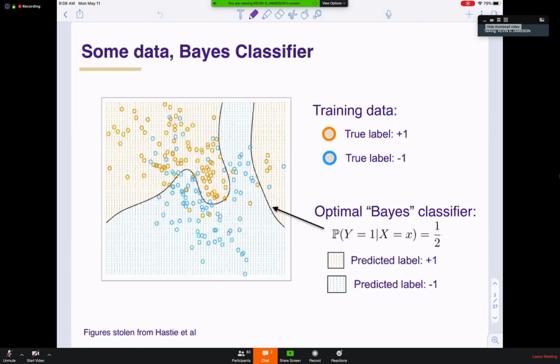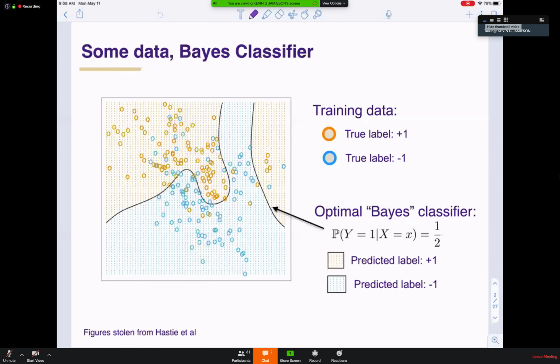Recall the conversation that Jamie had when she introduced classification and the notion of the optimal Bayes classifier. It's sort of the all-knowing classifier. It predicts 1 when the probability of y equal to 1 given a particular x is greater than 1/2, and predicts -1 when that probability is less than 1/2 at a particular value of x.